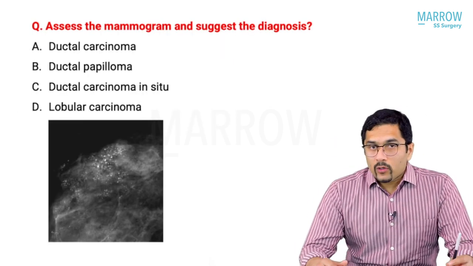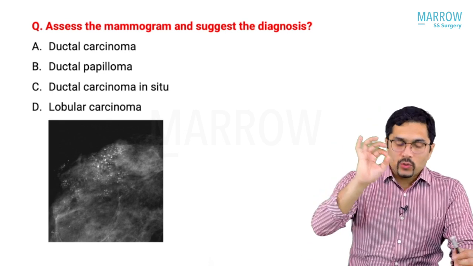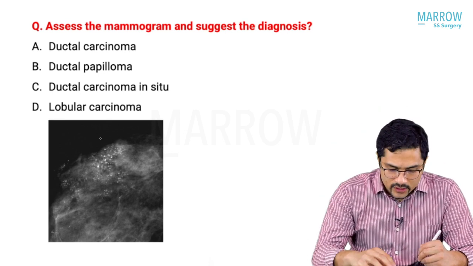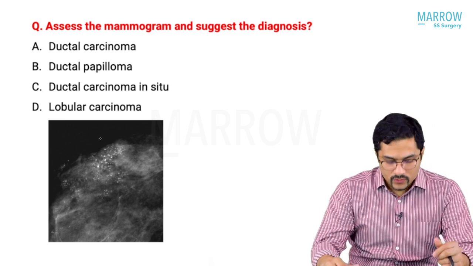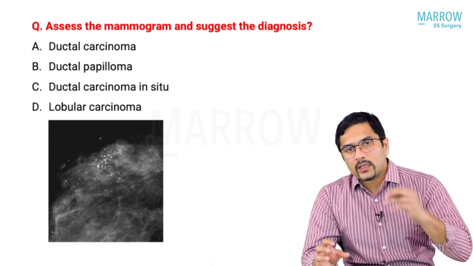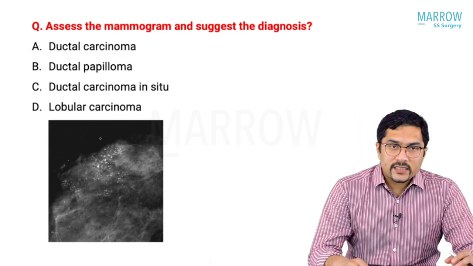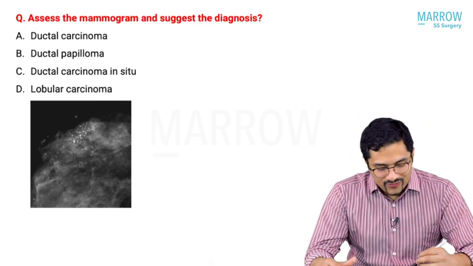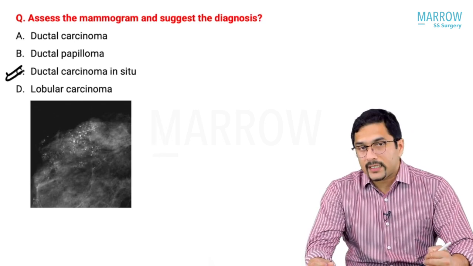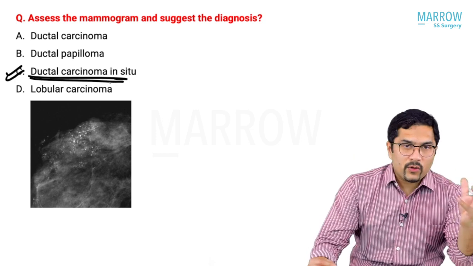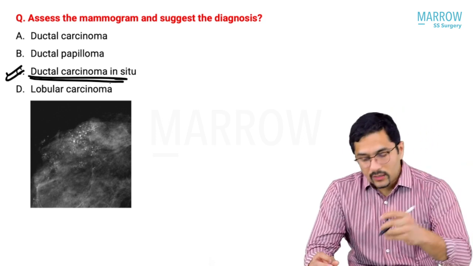They had shown a mammogram with microcalcification, diffuse microcalcification, clustered microcalcification, and they had asked what is the most likely diagnosis. This clustered microcalcification is commonly seen in DCIS. So, if you have this clustered microcalcification, that is the first thing you should think about.